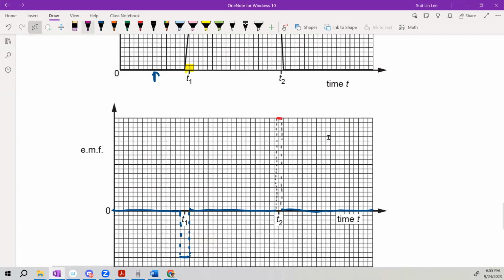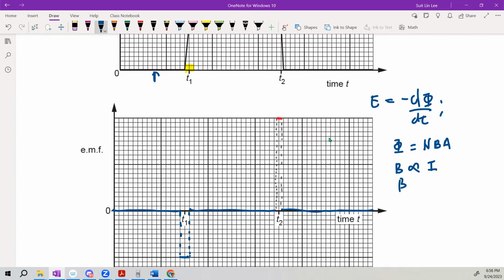So the link here will be like this. Induced EMF is equal to negative the flux over dt. But flux is equal to NBA. But B is proportional to current. So I can write B is equal to some random constant times current. In my notes, I wrote the whole equation, but it doesn't matter. B is proportional to I. So B is kI.